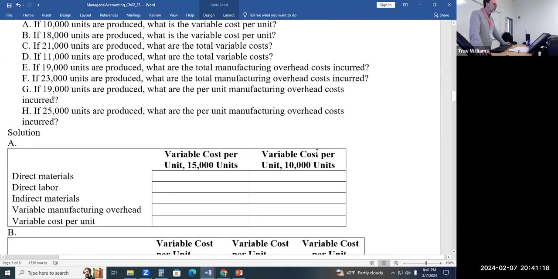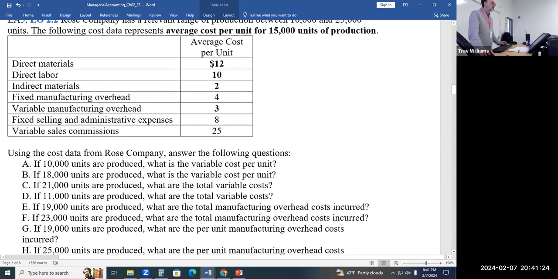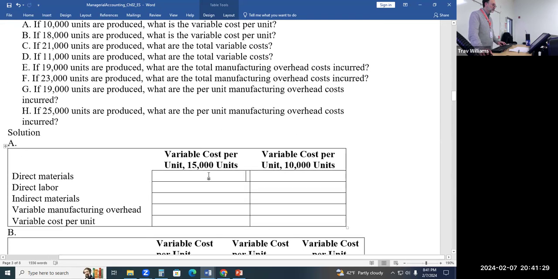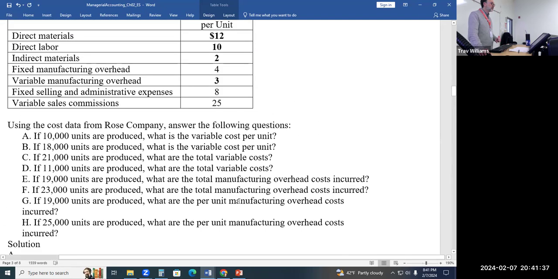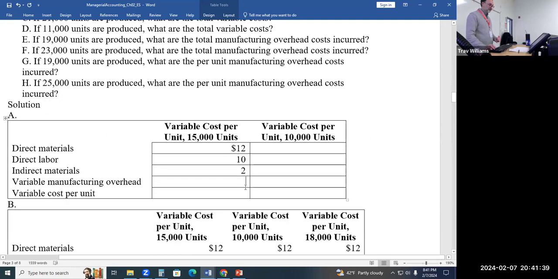So if we go down to A here, take these three, $12 for materials, 10 for labor, 2 for indirect materials. Then for variable manufacturing overhead, it was $3. And then all we have to do is add those up. We get $27, and that is our variable cost per unit to produce this company's products.